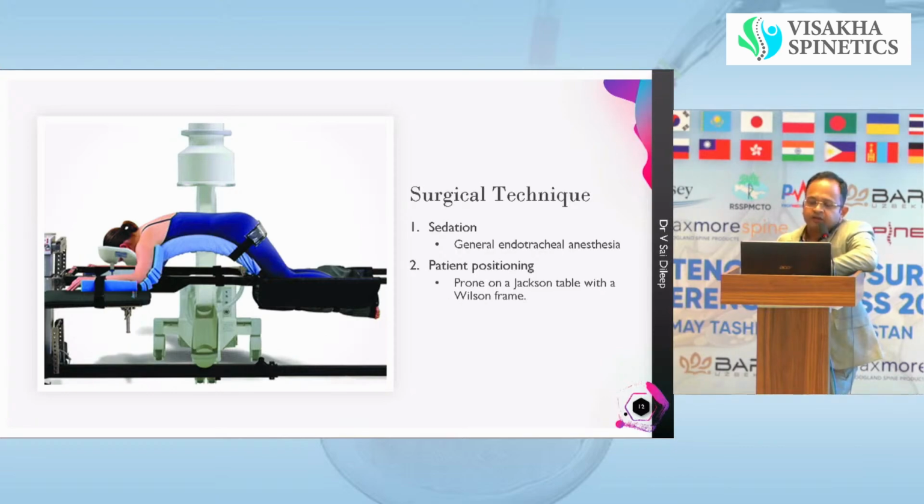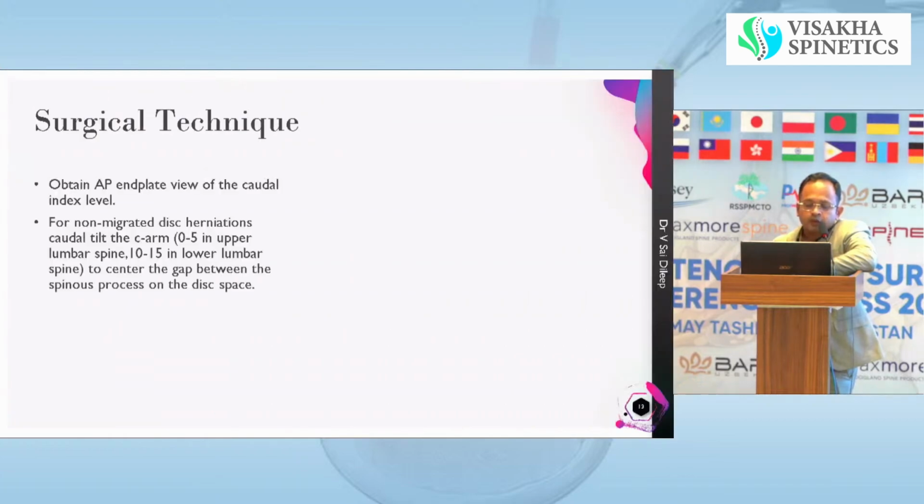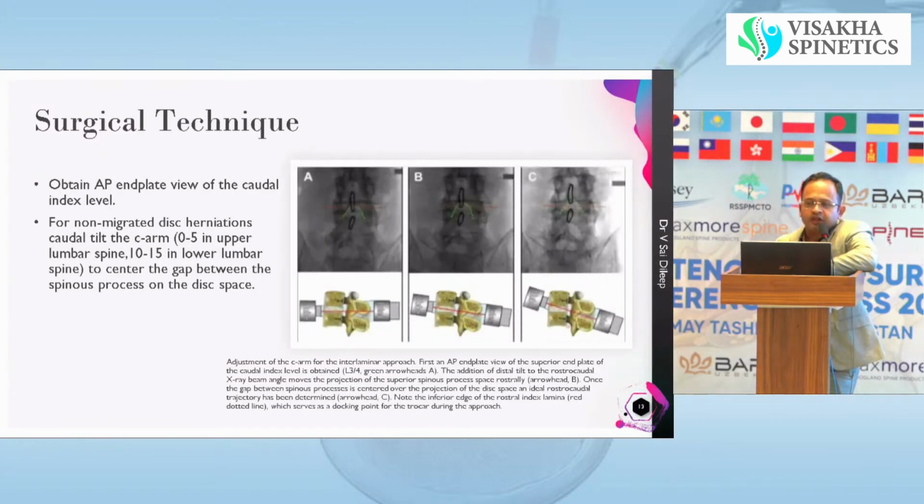Surgical technique, it depends. In my place, I prefer doing it under general anesthesia. The patient is on a Jackson or Wilson frame. Sometimes it really doesn't matter, but you see the spinous processes are not overlapped. Just a rostrocaudal angulation of 10 to 15 degrees for the lower lumbar levels like L4-5 and L5-S1, so that the orientation is exact.